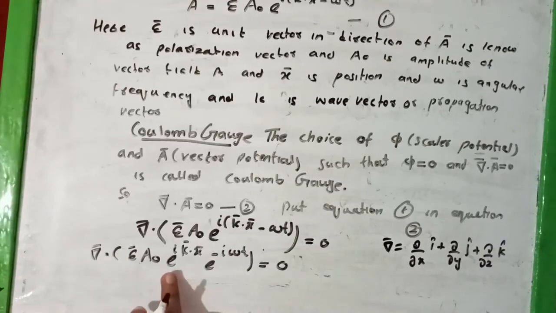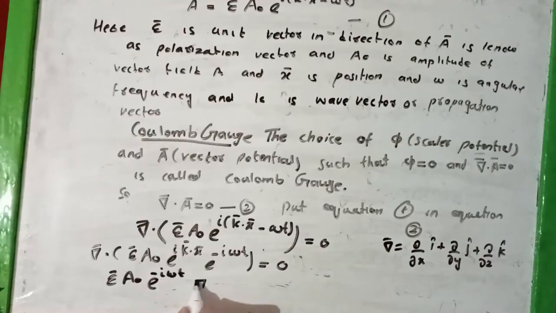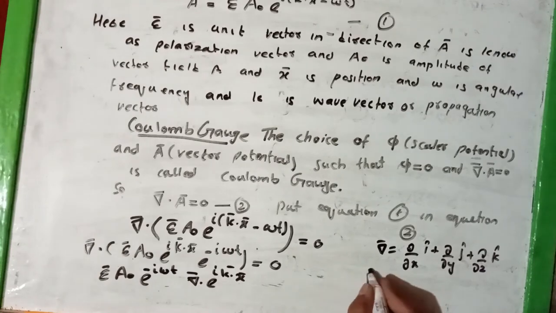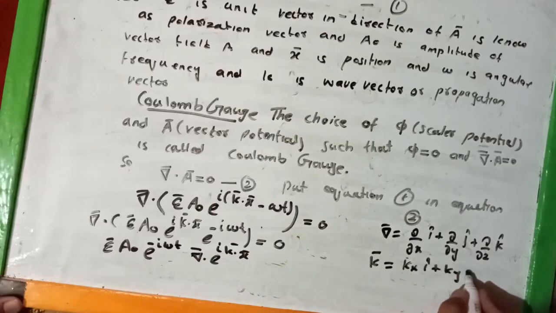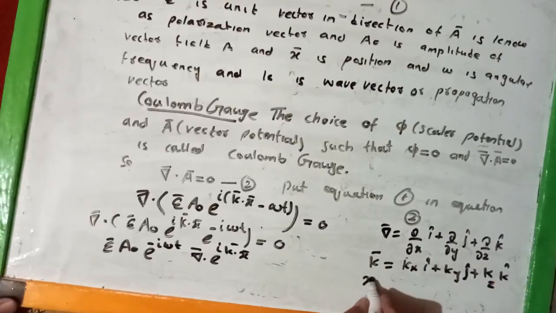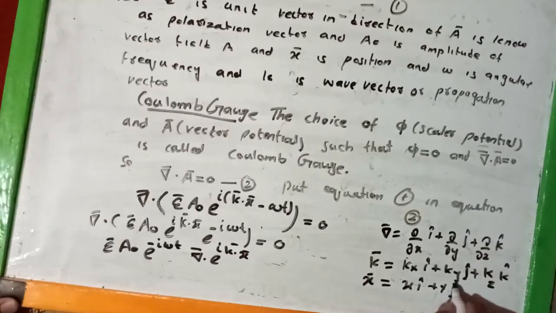So the del operator acts on exponent iota k dot x. All other terms are constant, so this becomes epsilon A naught exponent minus iota omega t del dot exponent iota k dot x, and k vector is equal to k x i hat plus k y j hat plus k z k hat, and x vector is equal to x i hat plus y j hat plus z k hat.